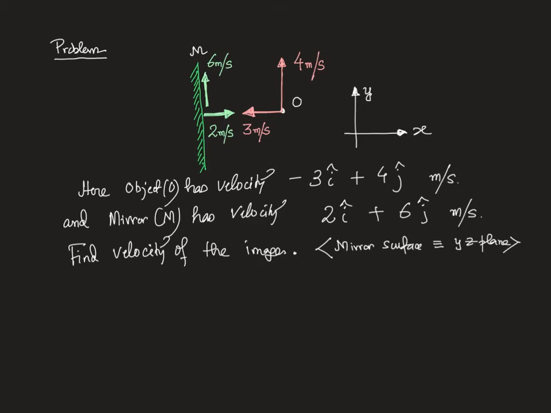Now it looks like really relative velocity, so many things. Actually, you can just negate one velocity out of all this. When you split it into components, there are four velocities: 3, 4, 2, and 6. Out of these four, one component you can completely ignore. Yes, that velocity of the mirror, 6j, is actually not needed.